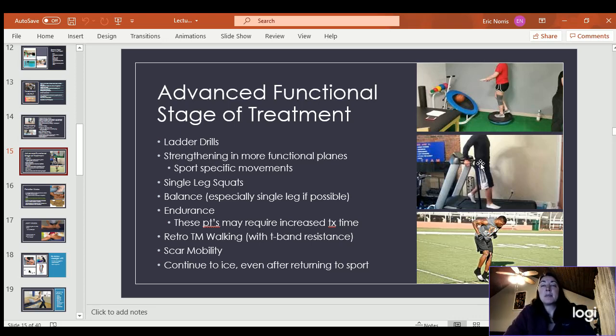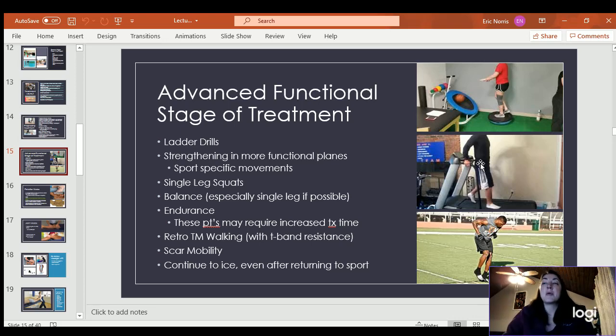So you really may have to extend the treatment time, and the way that we write it up is increasing walking distance, increasing other things, but we don't specifically write endurance, because endurance is looked at as more of a fitness category than physical therapy. So just be aware of that.